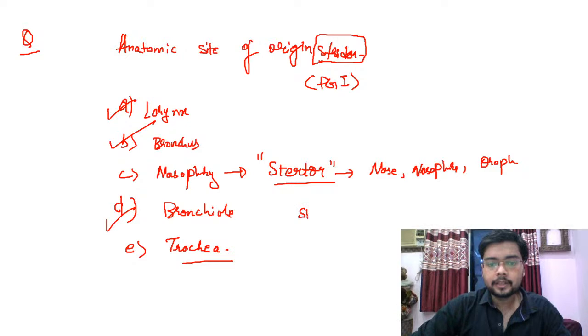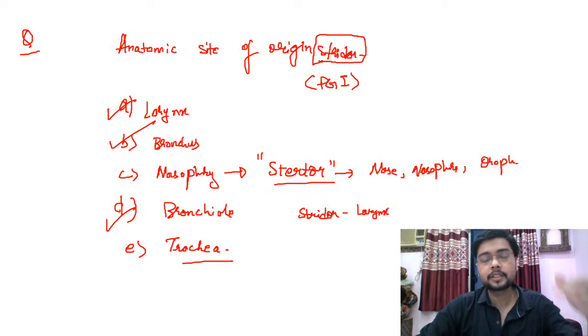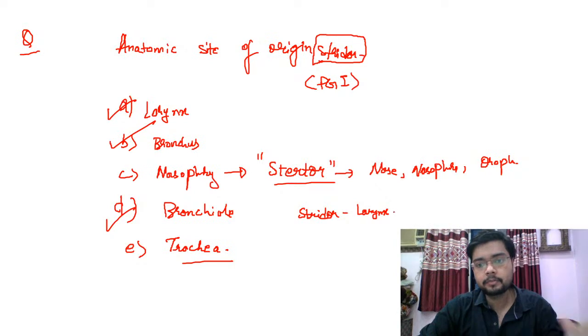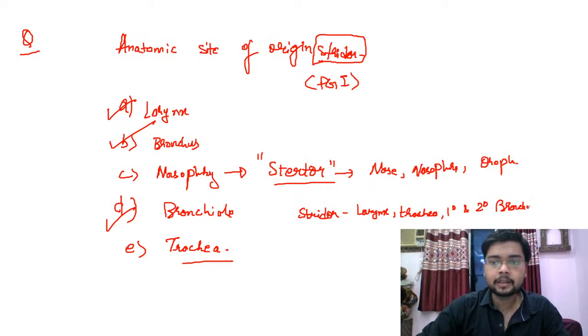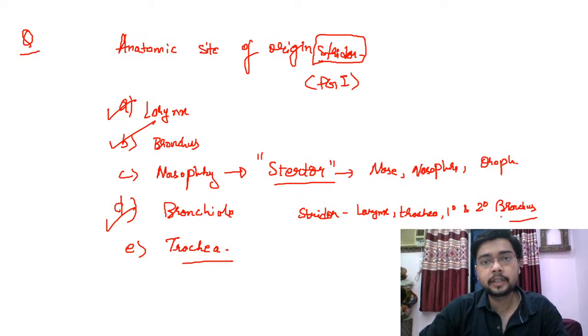Stridor is produced when there is obstruction at the level of larynx, meaning it starts from the level of larynx and below. Below up to what? Larynx, trachea, primary and secondary bronchus. So note that up to the bronchus, you will get your stridor.